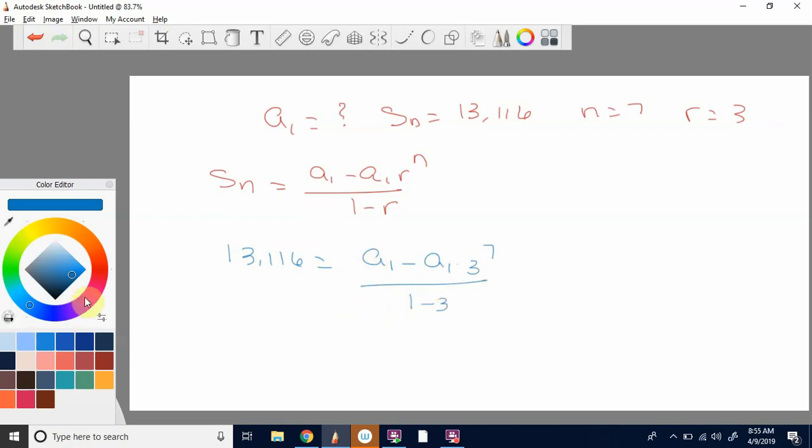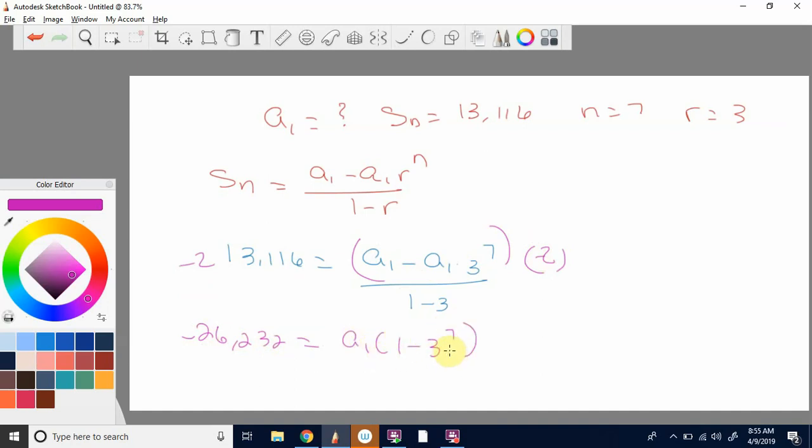This is where you've got to know algebra and how to solve. Well, I know the denominator is equal to negative 2, so I'm going to multiply both sides by negative 2. So then I get negative 26,232. And I'm going to factor out an a sub 1, which leaves me 1 minus 3 to the 7th power.